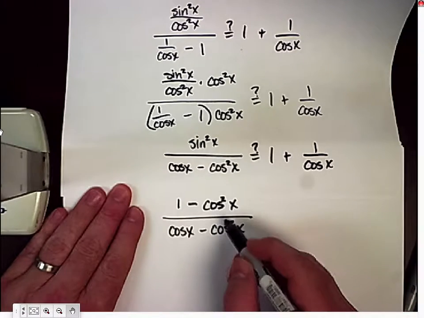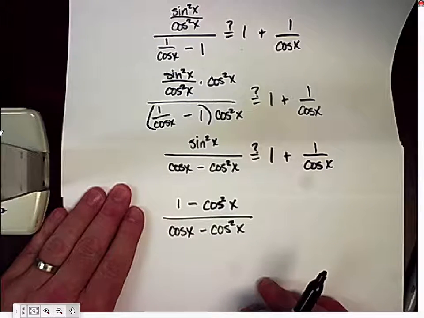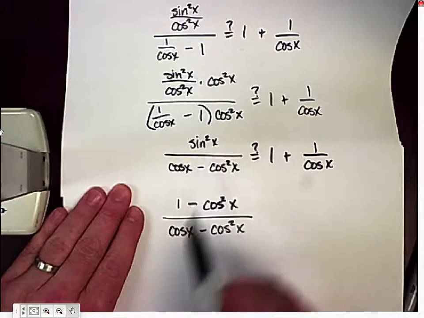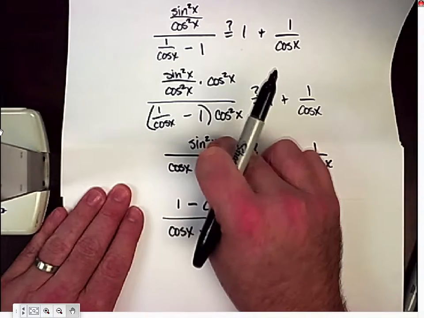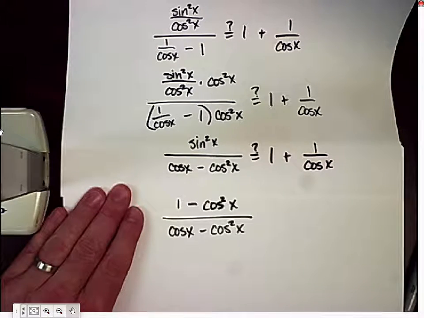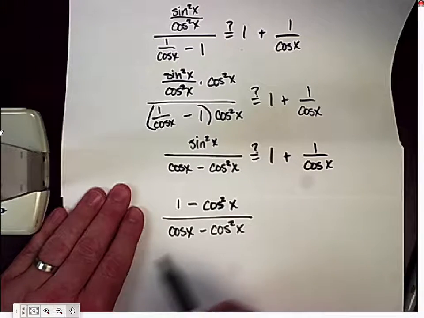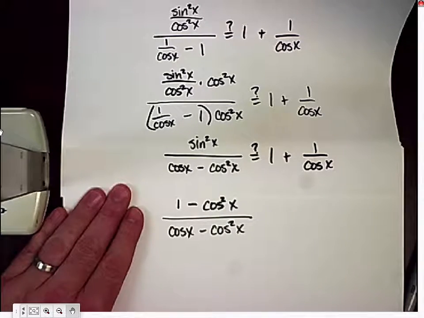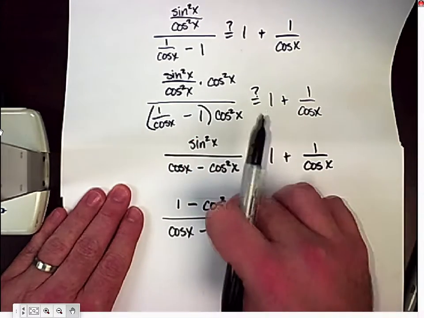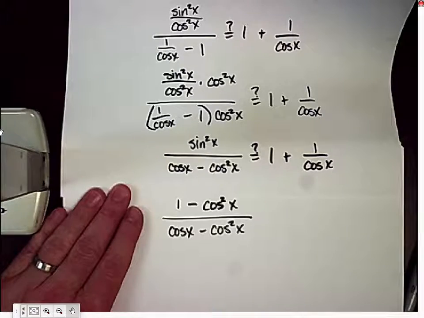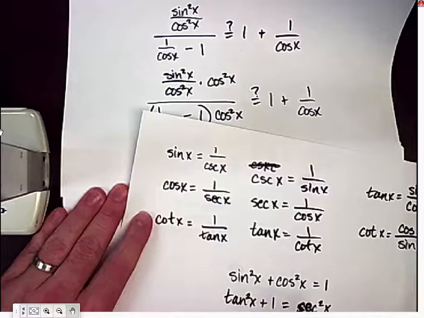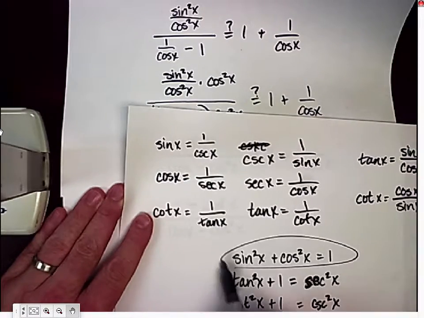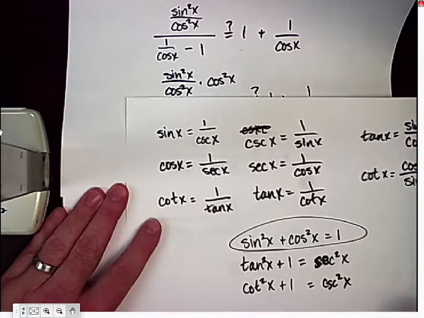What did you get that from? It's in one of the equations. Sine squared plus cosine squared equals 1. So sine squared would be 1 minus cosine squared. If you take sine squared plus cosine squared equals 1 and solve it for sine squared, you would get 1 minus cosine squared. So in place of sine squared, I'm writing 1 minus cosine squared here.